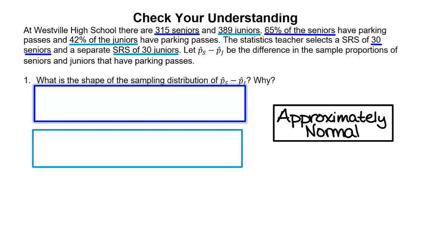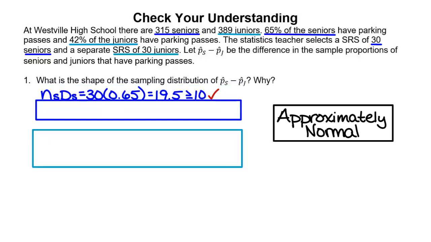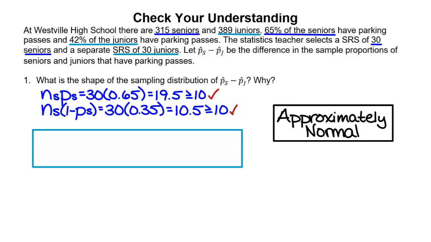So we need to do 30 times 0.65. That would give us 19.5. So we still pass. We still have 10 or more. And then we do n times 1 minus p, we get 10.5. Barely squeak by, but we have 10 or more. So we meet large counts for population 1 for our seniors.